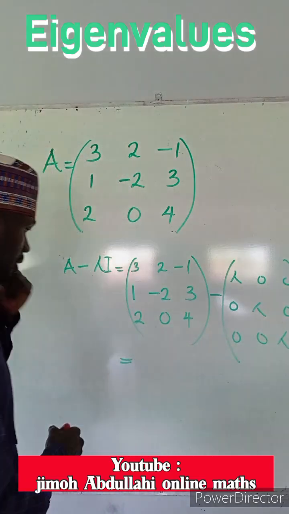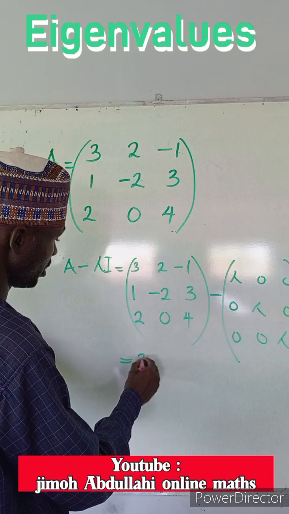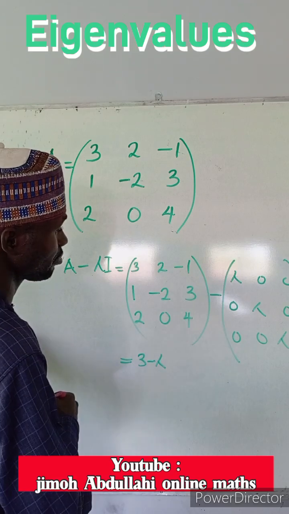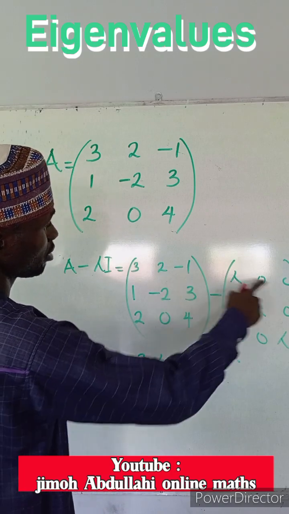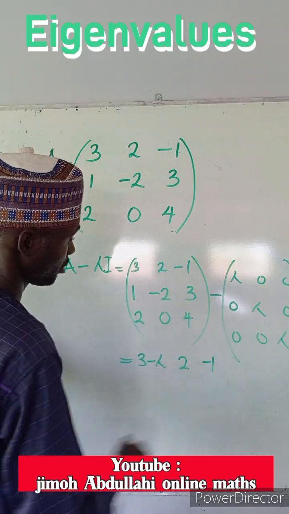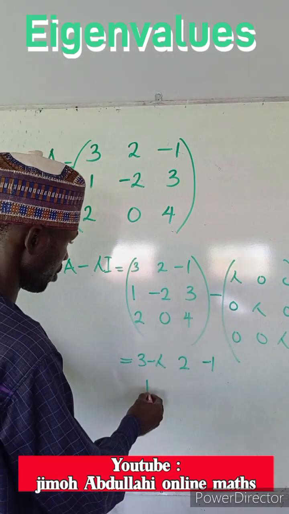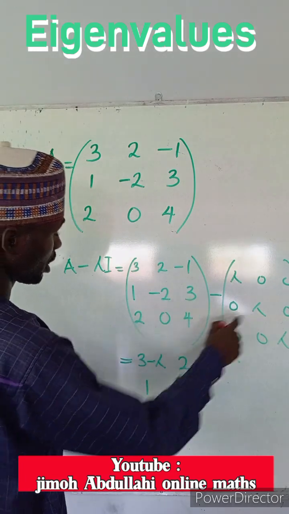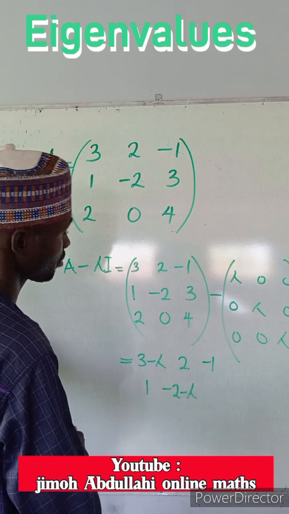So when we subtract this, what are we going to have? That will be 3 minus lambda. 2 minus 0 will be 2. Minus 1 minus 0 will be minus 1, isn't it? Then 1 minus 0 will give us 1. Minus 2 minus lambda will give us minus 2 minus lambda.